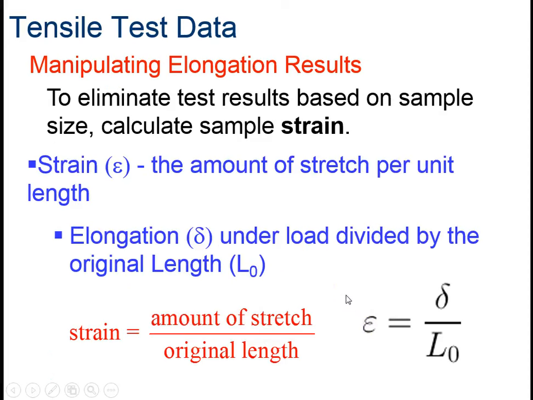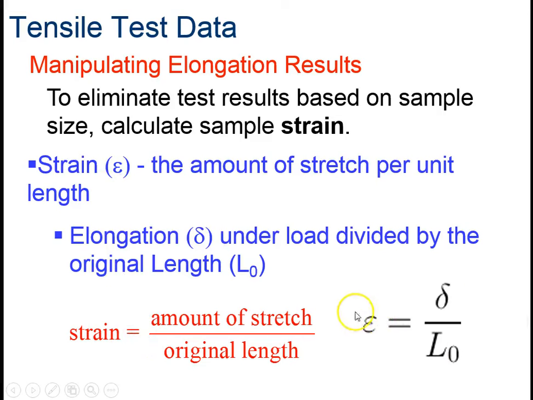It's the same thing on the length. I wouldn't want to just say how long is it, because it actually depends on how long it was to begin with. This is a delta. It's a lowercase delta, and that's what we use for elongation. That's how much it changes length. And then this is the initial length. This is an epsilon, and we use epsilon for strain.